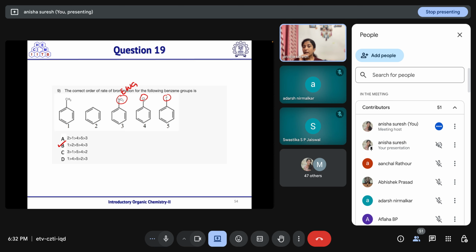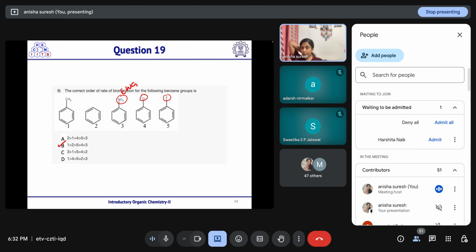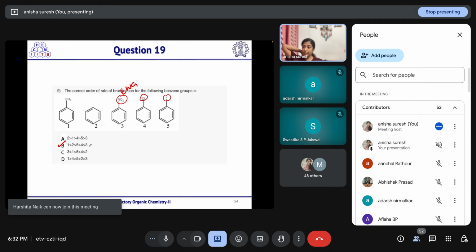In the case of chlorine, the overlap will be between the 3p orbital of chlorine and the 2p orbital of carbon, so the overlap will not be that facile, and that resonance effect will be less prominent. So after 1 and 2, the greater rate will be for fluorinated benzene, 5, then comes 4, and the least rate of bromination will be for 3, that is nitrobenzene.